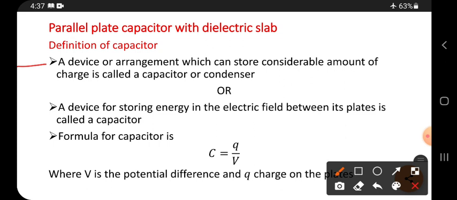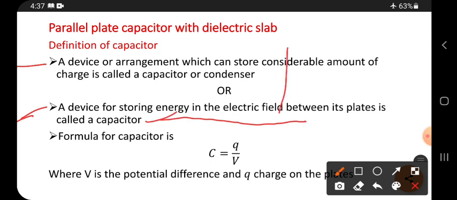This is the exact definition for the capacitor, or we can define it like this also: a device storing energy in the electric field between its plates is called a capacitor.